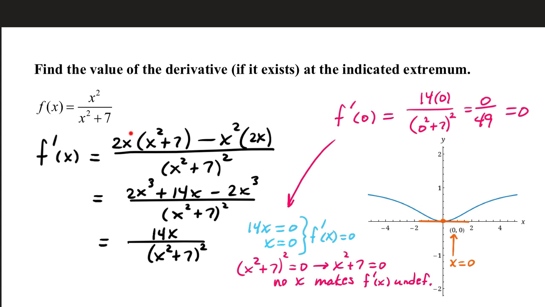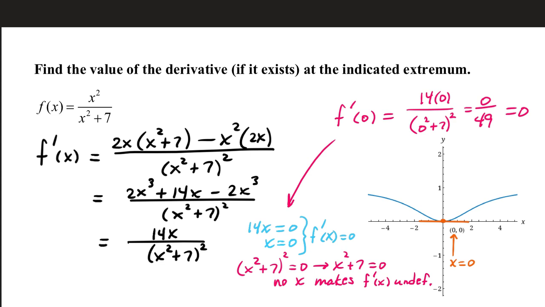Derivative of the top times the bottom minus top times derivative of the bottom, all over the denominator squared. Distributing across the top, we get 2x cubed plus 14x minus 2x cubed. Our 2x cubes cancel. That leaves 14x over (x squared plus 7) quantity squared.